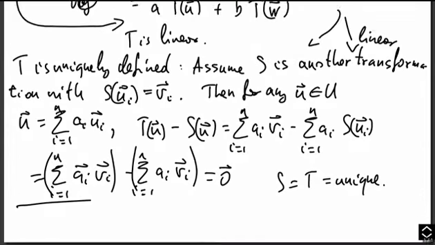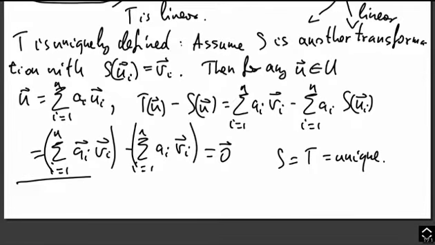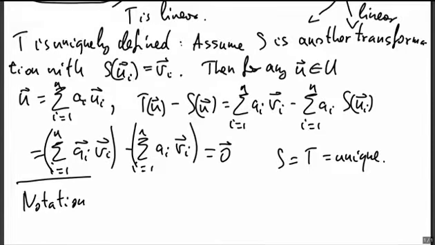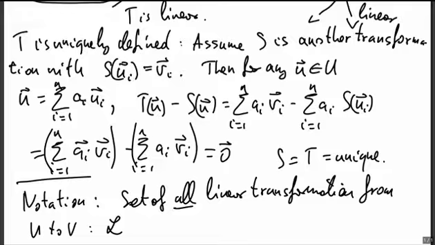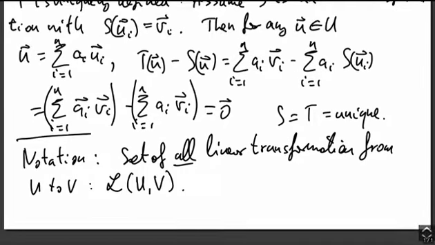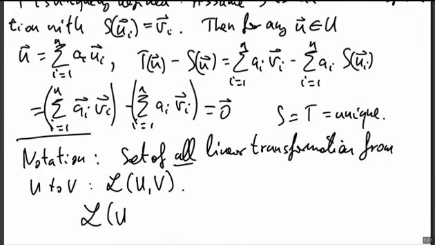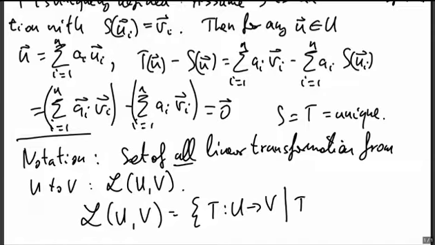Many times we will work with linear transformations. We introduce the notation for the set of all linear transformations from U to V. It will be denoted with L of U, V. Or with set theoretical notation, L(U,V) is the set of transformations going from U to V such that T is linear.